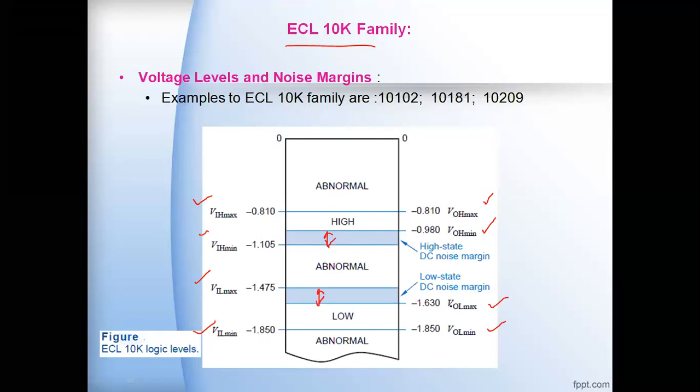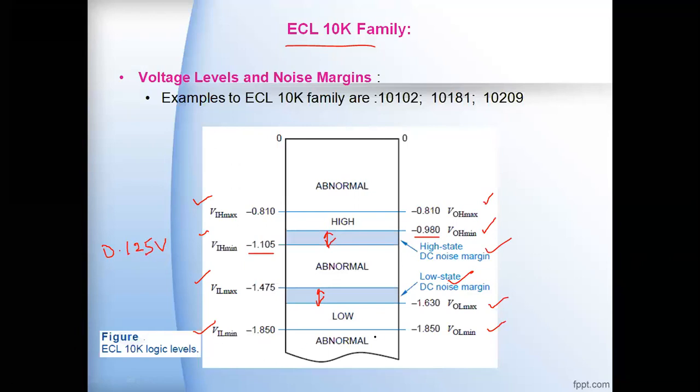And now what are the DC noise margins for the high state and the low state? For the high state, it is the difference between minus 0.98 and minus 1.105. So this gives us 0.125 volts, which is 125 millivolts.